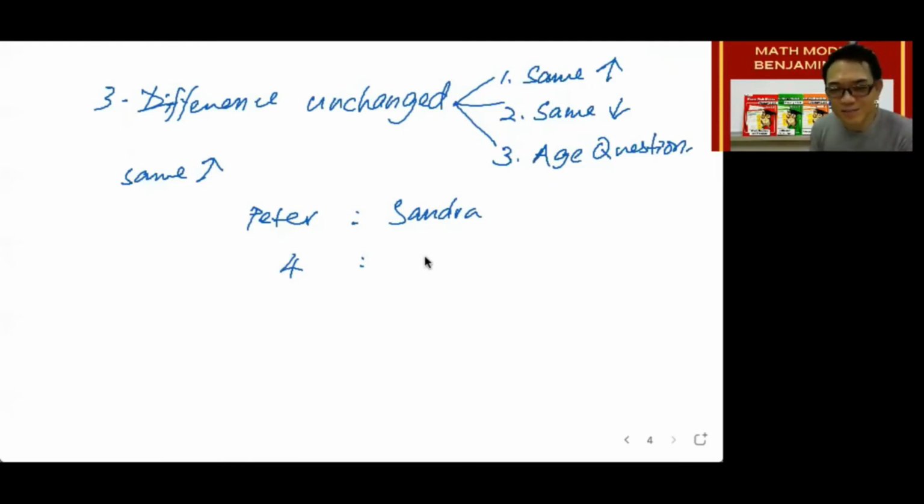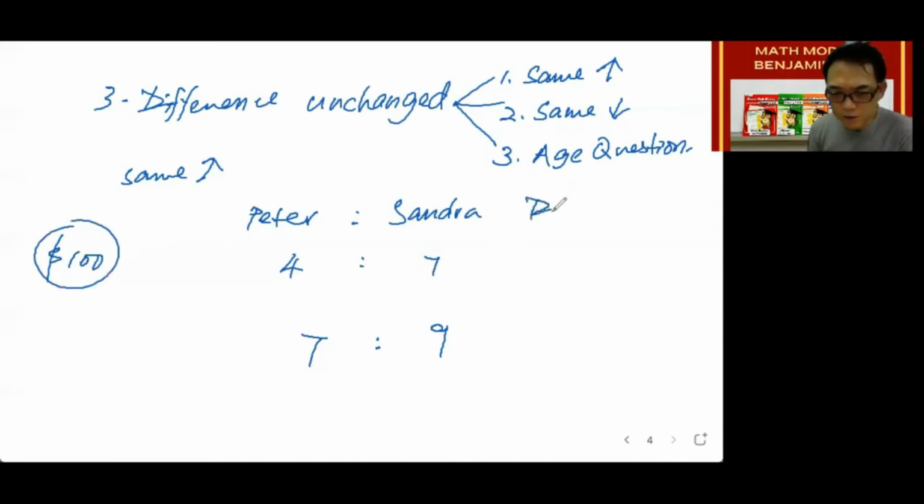Sorry, let me change that number to make it more useful. 4 is to 7. And then the question will say that their parents will give them both the same amount of money. Let's say $100 each. And as a result of giving them this same amount of money, the ratio changes into, for example, 7 is to 9.